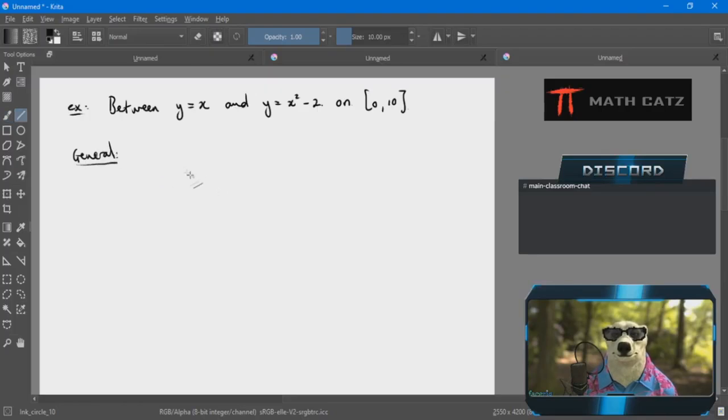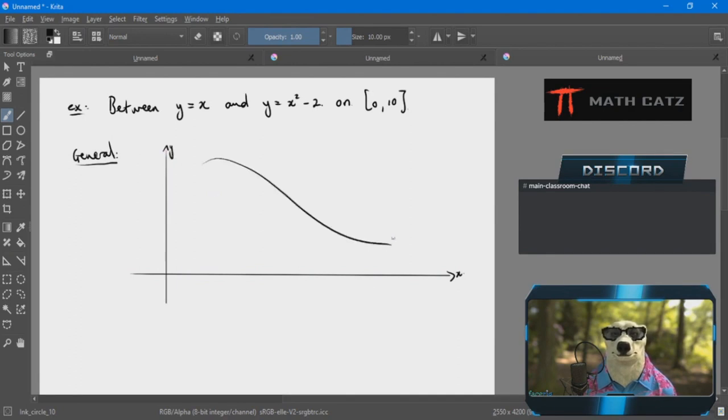Well, what could happen is I could have a graph for my one function, and I could have a graph for my other function, not f again. Let's say g. And let's suppose my interval is over here, a to b.